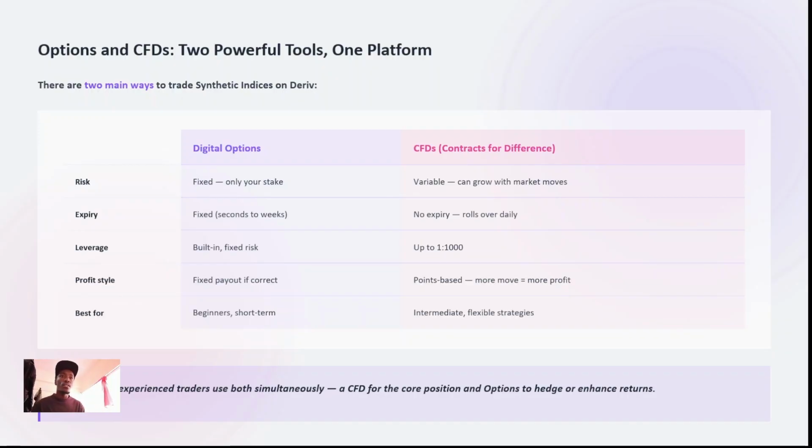And the next thing, as you can see here, is leverage. In digital options, it's always fixed. Everything is fixed. But on the CFD side, you have the option of changing leverage. You have up to 1:1,000 in leverage. That means if I have $1, I have about $1,000 in buying power or selling power to open positions.